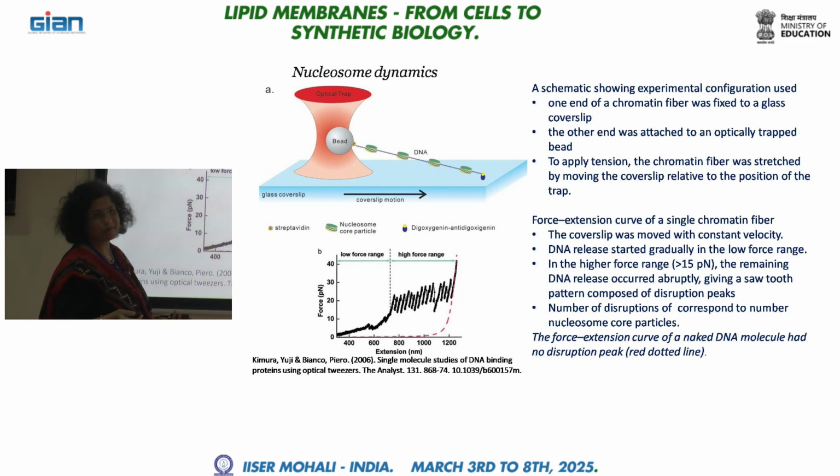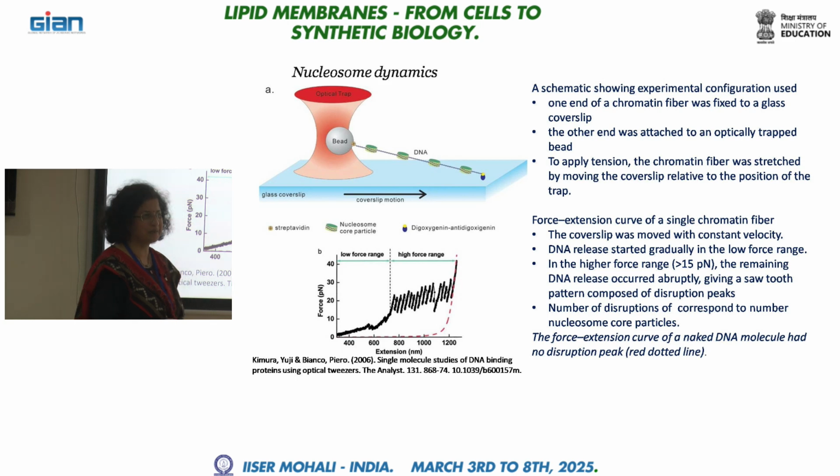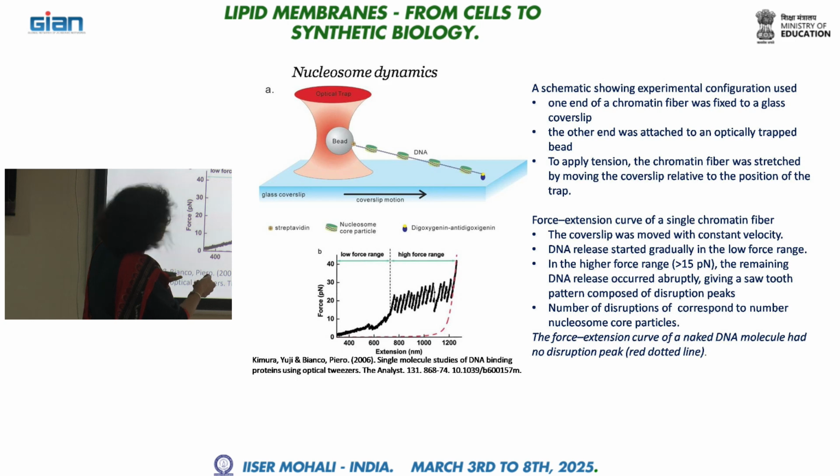I think there are a lot of biology people over here, so far be it from me to explain what a nucleosome is. But for us physicists, nucleosomes are essentially about 150 base pairs of DNA wrapped around some 8 proteins called histones, if I'm not mistaken. So it's kind of a unit, and essentially they arrange themselves in this particular way.